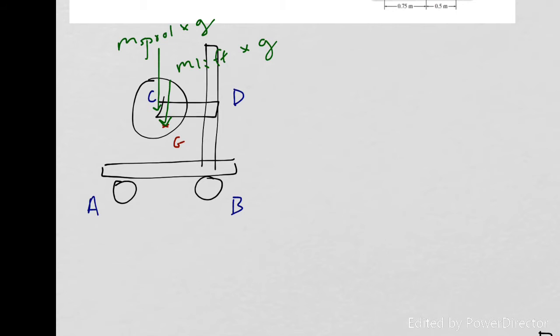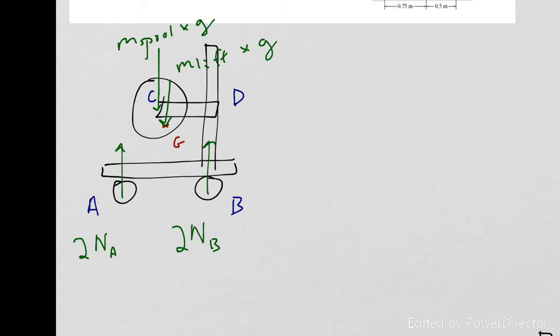Okay. Then the reaction at A, so I put it at A. Reaction at B. Take note, there will be 2 for A and 2 for B. And that will be the free body diagram.